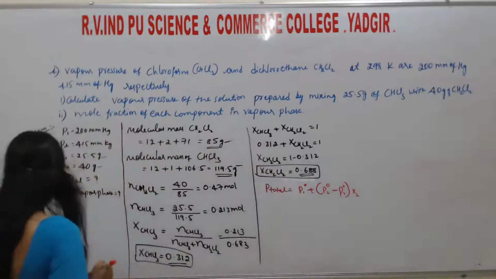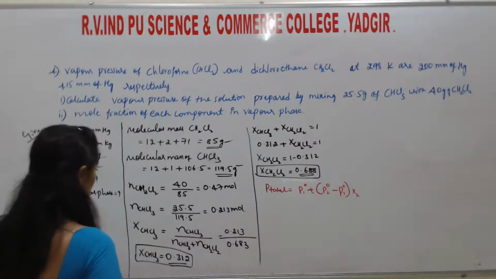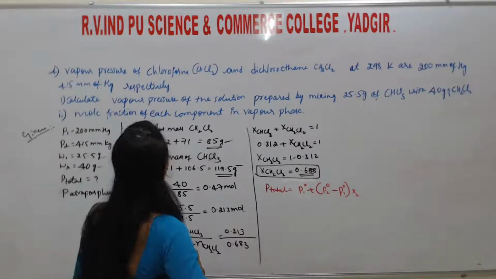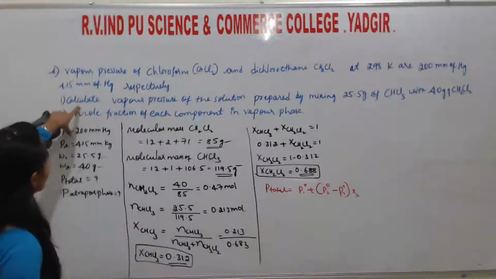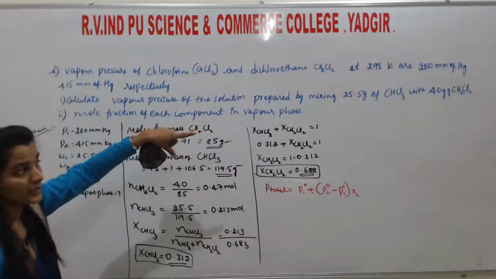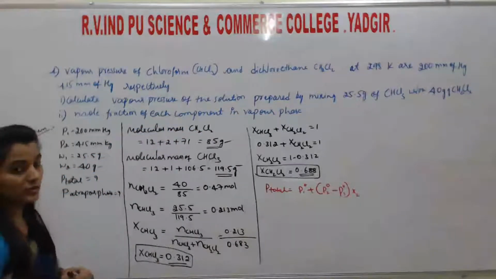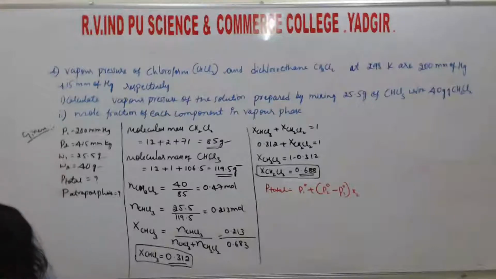Correct? We have this formula here. Here X2 is what? That is CHCl3, because here what they given? Vapor pressure of the solution prepared by mixing 25.5 gram of CHCl3 with 40 gram of CH2Cl2. Which one is present in smaller amount? That is called as solute. So here we are going to take CHCl3 as X2.